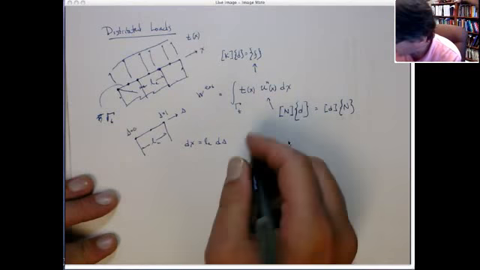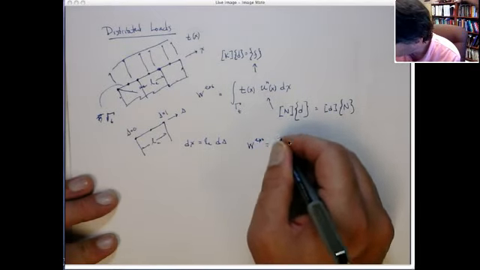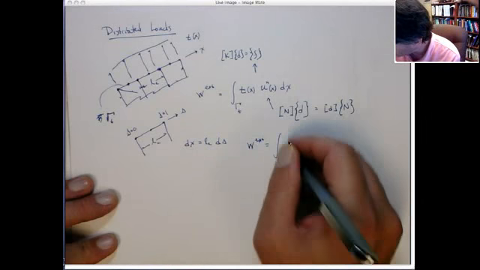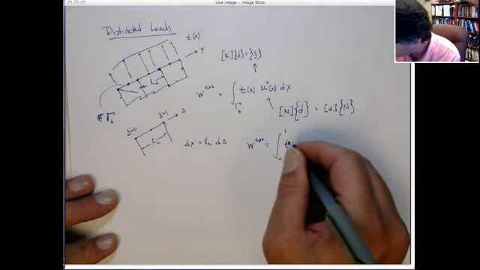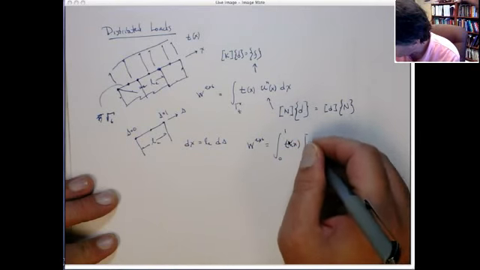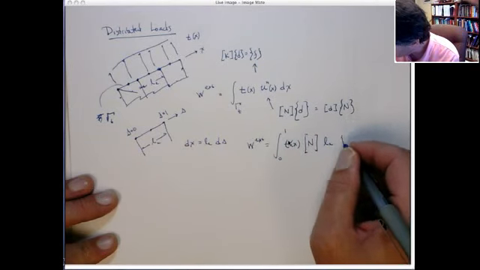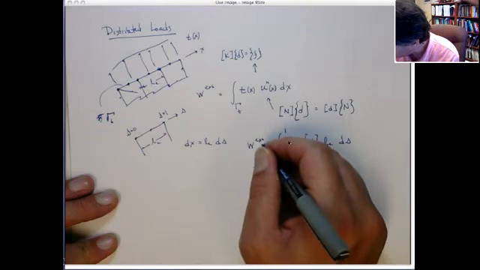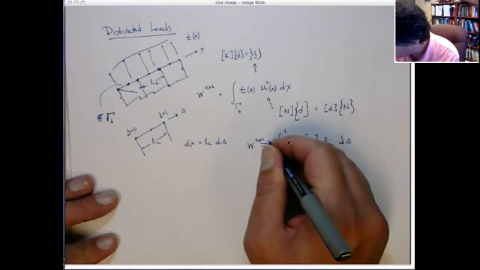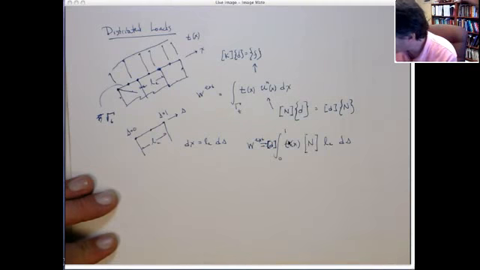So now we can transform this external work to be the integral from 0 to 1 of the known traction times the shape functions times the length of the element, ds, and out front, I'm going to pre-multiply by the nodal unknowns.